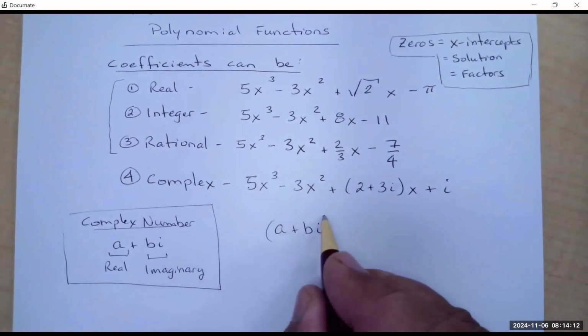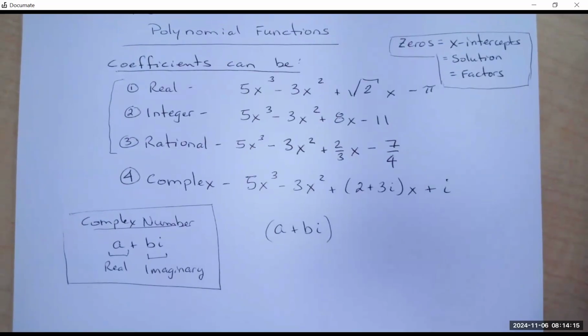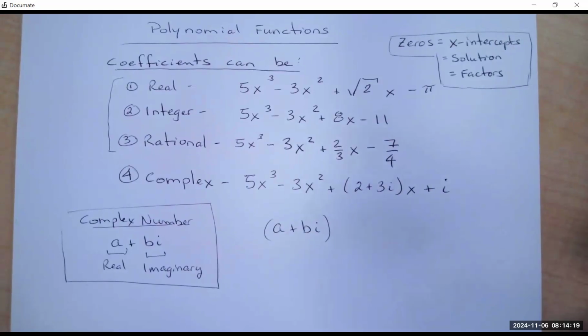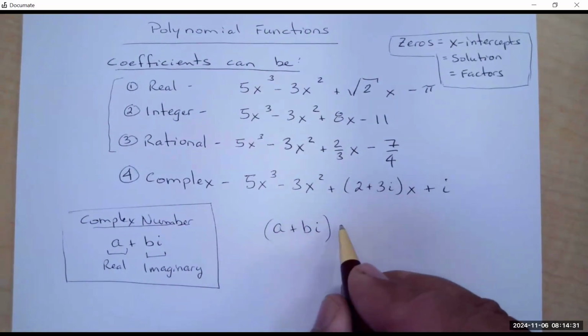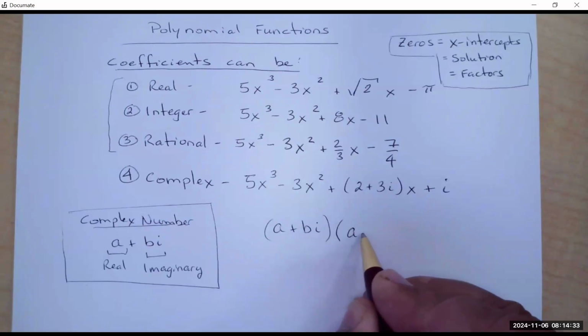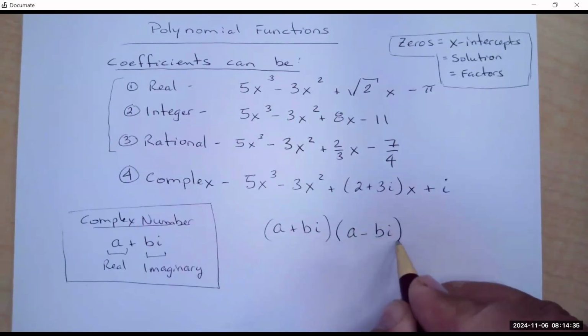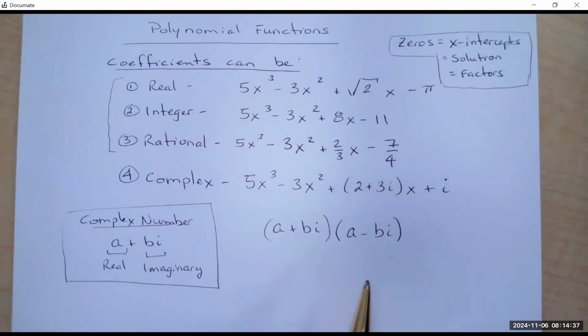If you have a complex number, in the rules of math, we're not supposed to have a final answer with imaginary numbers in there. So how do we get rid of the imaginary number? What's that called?